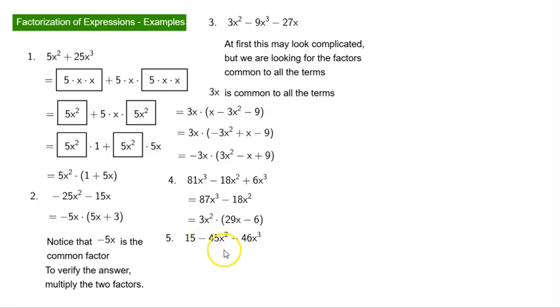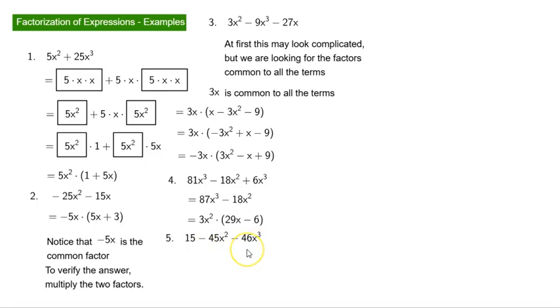Okay, now 15 minus 45x square minus 46x cube. Is there anything common as far as the coefficients are concerned? 15 is a multiple of 3, 45 is a multiple of 3, 46 is not. 15 is a multiple of 5, 46 is not. So there are no common multiples as far as the coefficients are concerned.